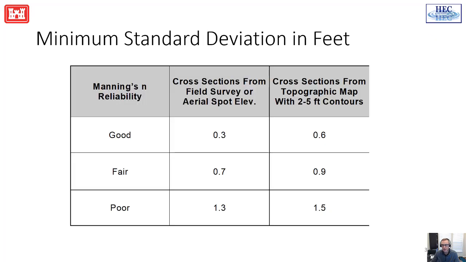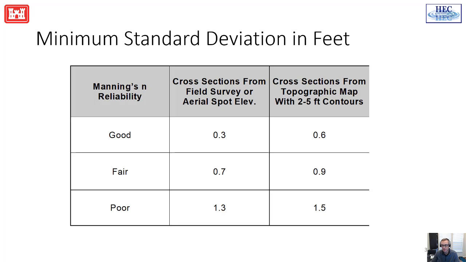When evaluating the uncertainty for your stage-discharge relationship, first consult this table of minimum standard deviations as taken from Engineering Manual 1110-2-1619. We have previously discussed a variety of methods for determining the standard deviation of error in the stage based on stage-discharge rating curves or from computed water surface profiles using hydraulic modeling.